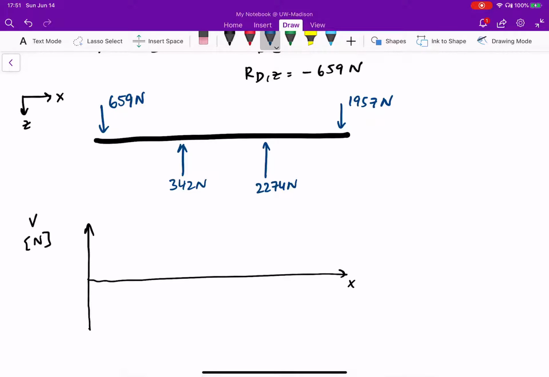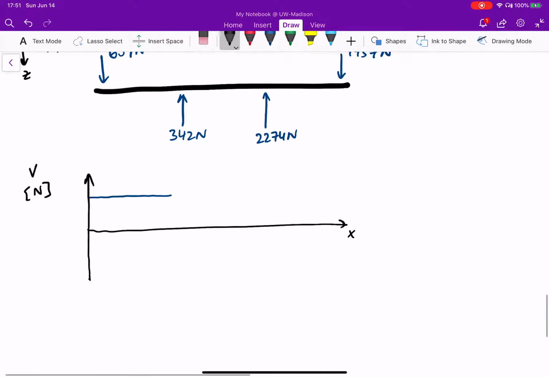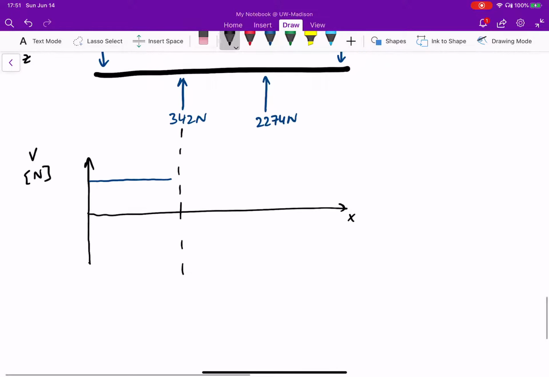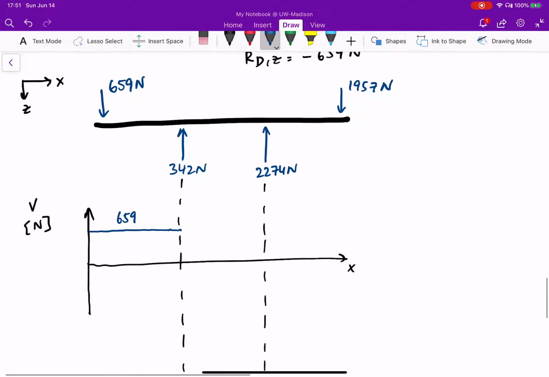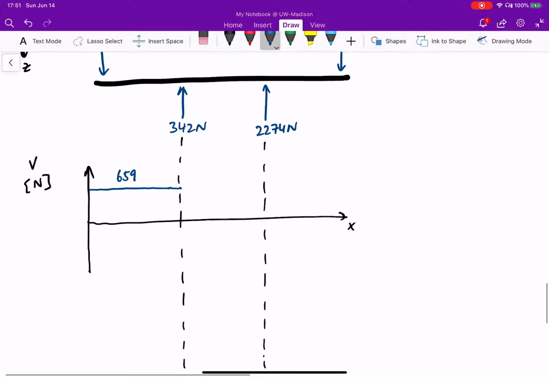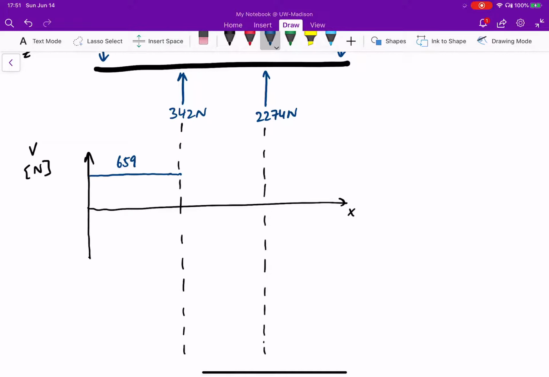So this starts off at 659. And let me draw my reference lines. So this here is 659. And then I get displaced in the negative Z by 342, which means I have to go down or negative shear by 342. So that's 659 minus 342, which is 317.